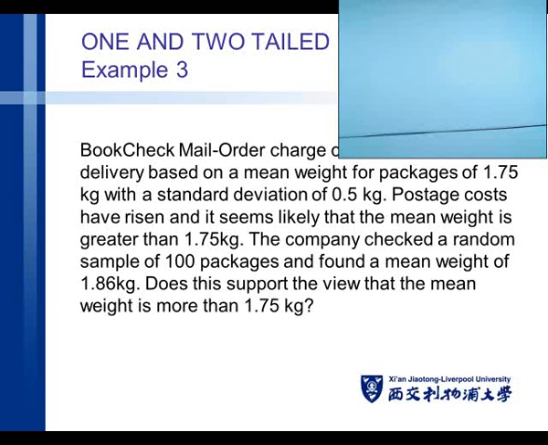If I find a sample whose average weight is so big that it's so unlikely to have come from a population with weight smaller or equal to 1.75, then I have to assume that the average weight is larger than 1.75. It's a complicated statement, but it's all about what I said at the beginning: the only meaningful statements are the ones in which you reject the null hypothesis.